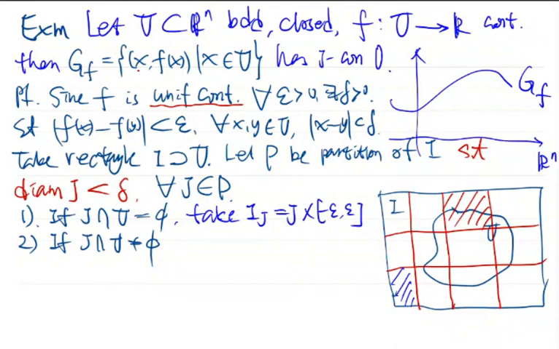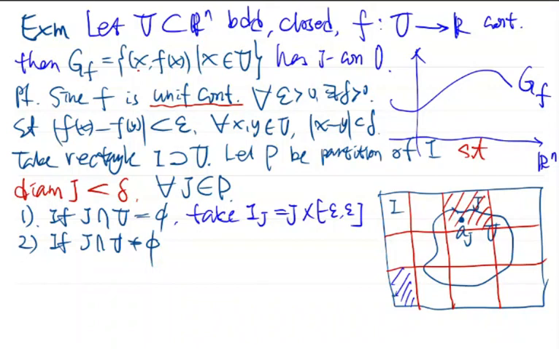This rectangle has non-empty intersection with U. For such a rectangle, we can take a point in the intersection. Take a point here, this point is aj.